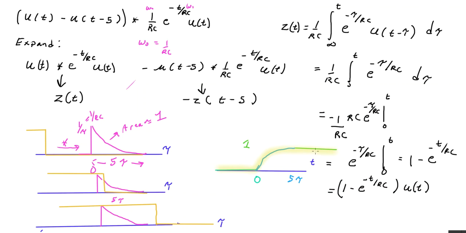So you could draw something like this. This is just a rough sketch, but the important things are it takes 5 tau, it goes up to 1, it starts at 0, and it has some kind of exponential approach. Now, how can I tell that that is 1? Well, like I said, this area is 1, so the overlap is between here, and that area is 1, multiplied by the step function, which happens to be 1. So you get 1.